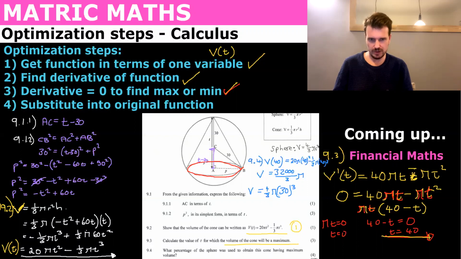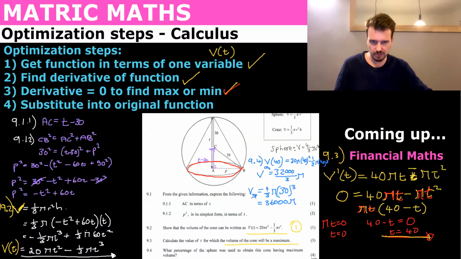And I'm going to get 4 over 3 shift pi, 30 cubed equals, and I get 36,000 pi. Okay, so this is the sphere, and this is the cone.